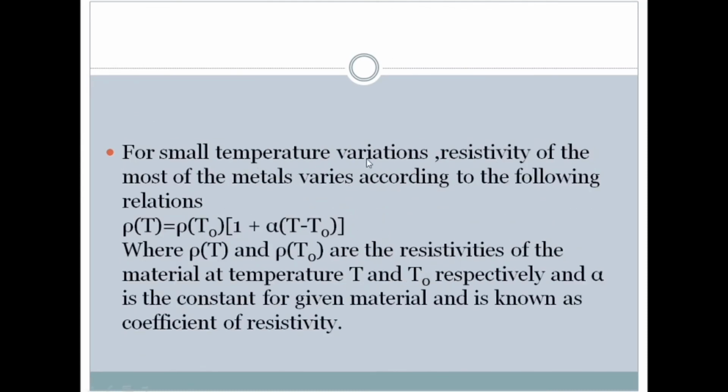For small temperature variations, resistivity of most of the metals varies according to this formula. ρT is equal to ρT0 bracket 1 plus α (T minus T0), where ρT and ρT0 are the resistivities of the material at temperature T and T0, and alpha is a constant for a given material and is known as coefficient of resistivity.